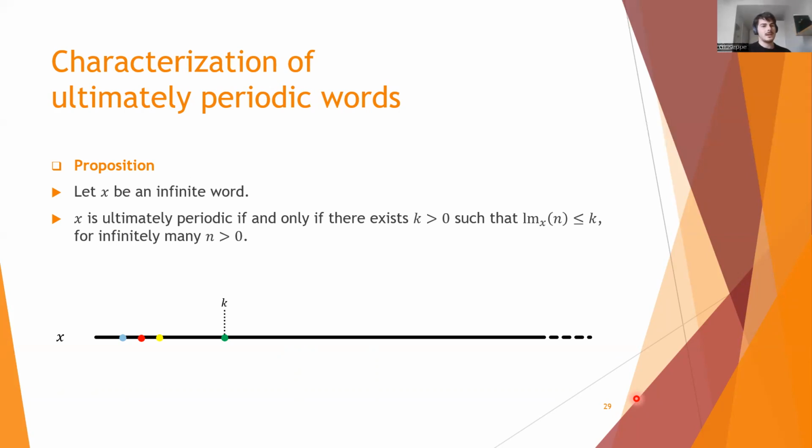On the other hand, it can be proved because if the leftmost is upper bounded by a constant, then how many factors can we actually have of any length? At most K. So since the factor complexity is bounded by a constant, this is actually the definition of an ultimately periodic word.